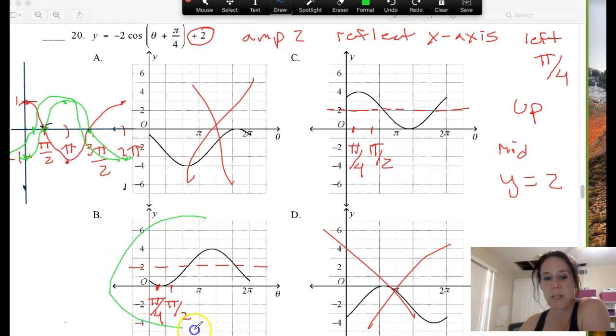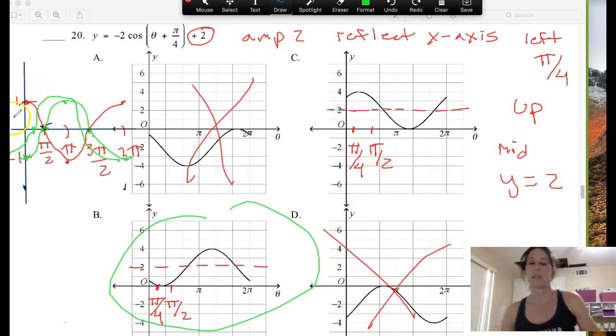So it's going to be this graph right here instead of this graph up here, because it's a reflection of that original red graph, right? Normally it'd start up and go down even if you shift it to the left. But this one, even shifting to the left, it does go up a little bit this way, but the left shift, it still would be the down and then up. It would be graph B.